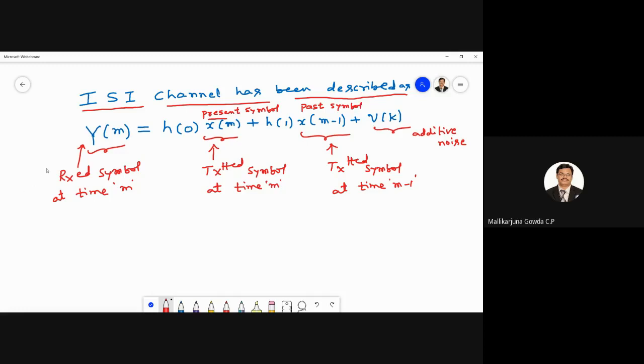So this is what we say, the received symbol at a time depends on what? Present symbol as well as the past symbols also, along with the noise. So this is how we say what is the output of the channel which is having intersymbol interference. Yes, hope this point is clear.